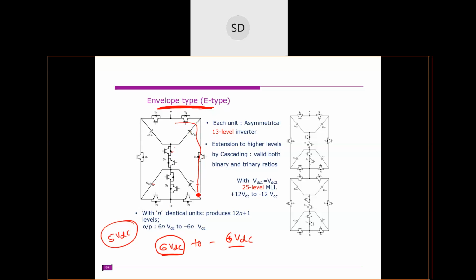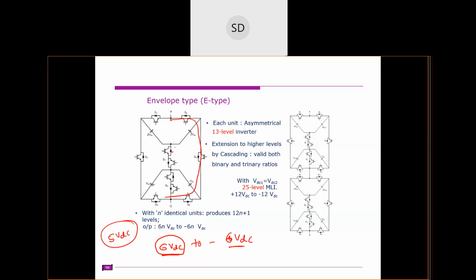So this gives you plus 1 VDC. If you want 0 voltage, simply connect these 3 switches. You're bypassing all the DC sources, so that gives you the 0 voltage. Clear?